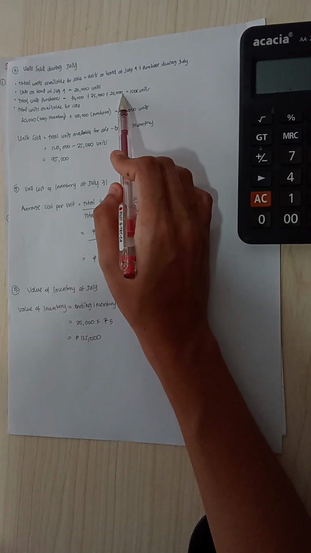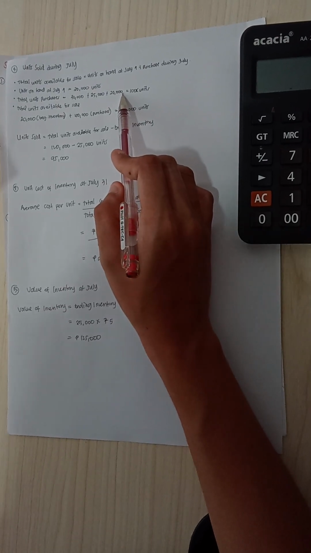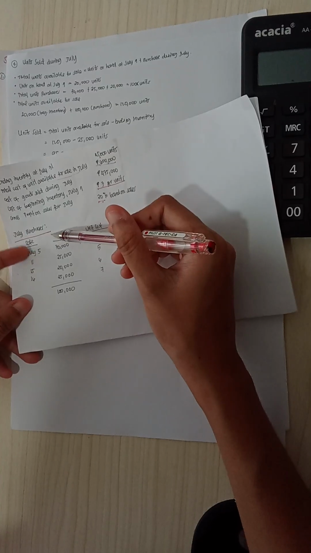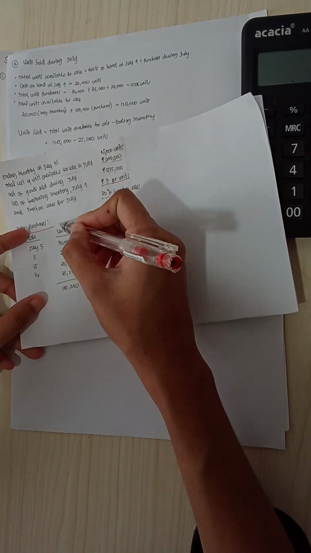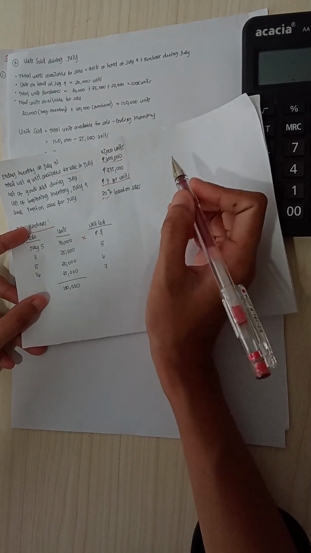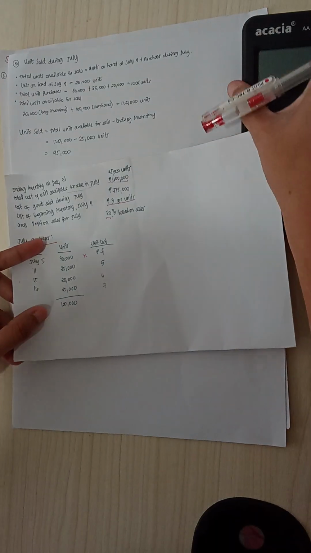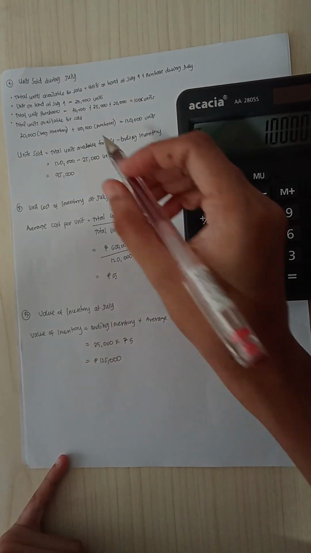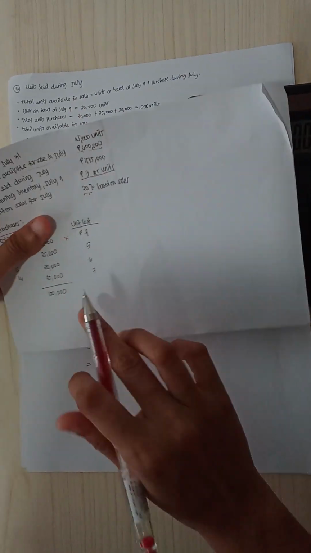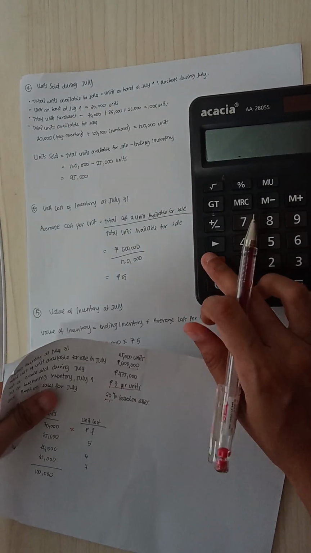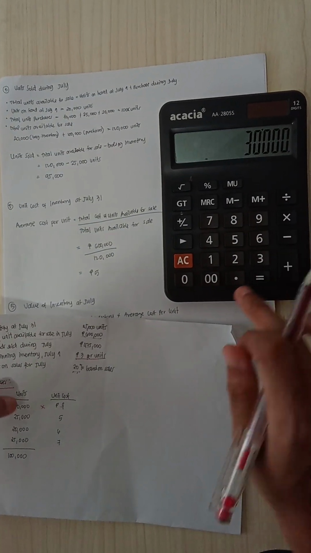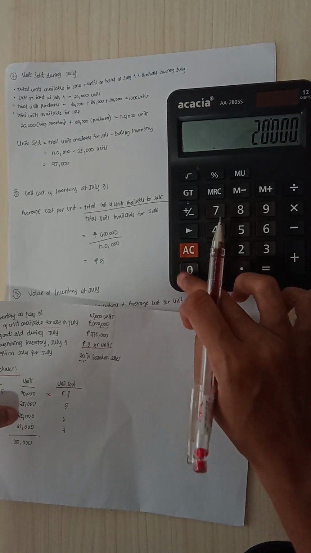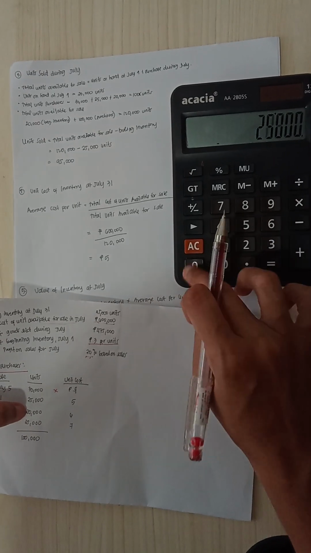If you ask, asa ni siya gikan? Again, dili na siya gikan. Total units purchases. Mo ang units and then gi-plus rin na siya tanan. So, i-plus ni nato ang total units purchases. 30,000 plus 25,000 plus 20,000 plus 25,000.